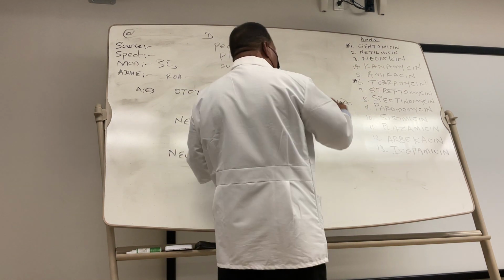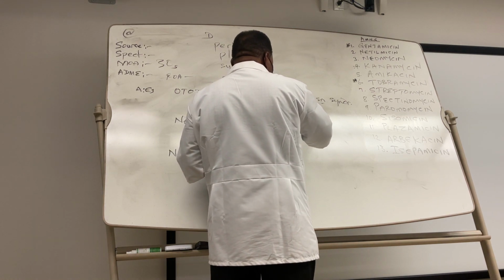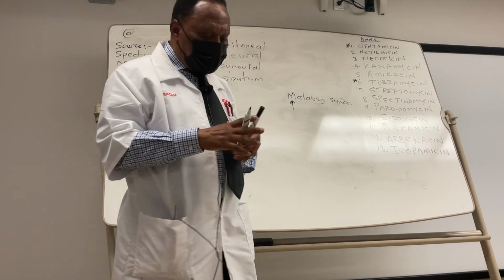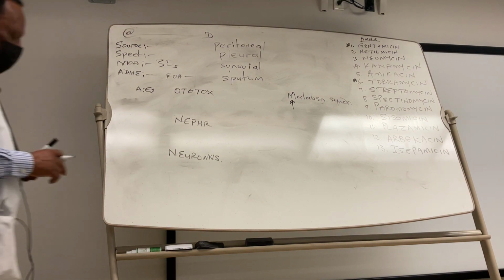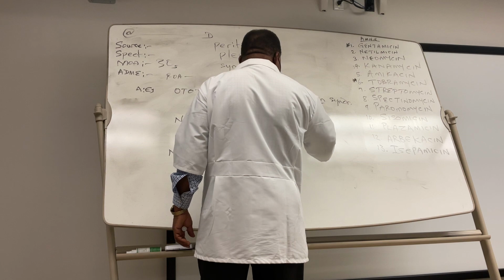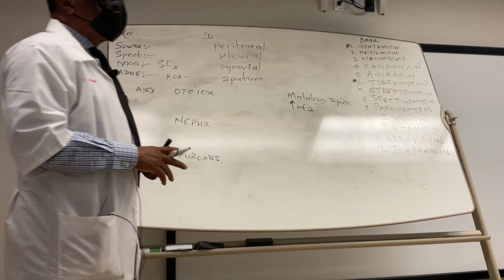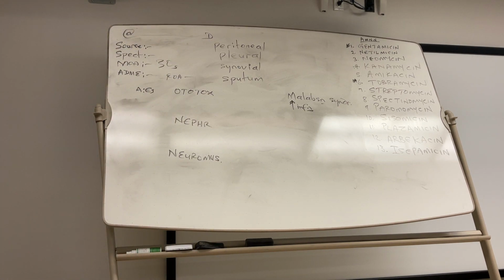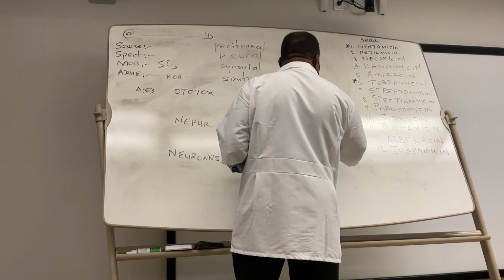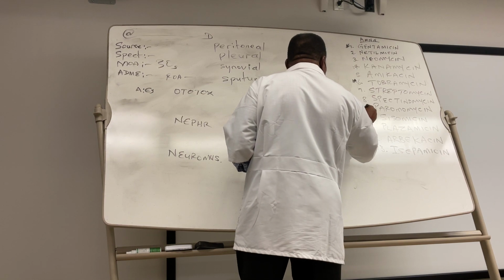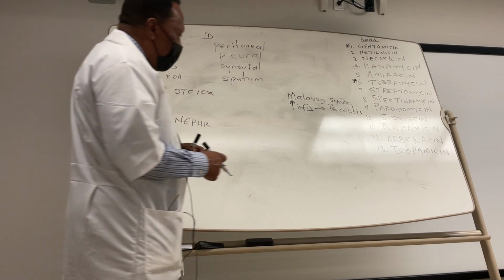Neomycin is also the one that is most likely to give you that increase in fungal growth in the GI tract, that is supra or super infection. So that can then lead to pseudomembranous colitis. Okay, so neomycin is the one that is most likely to give you that.